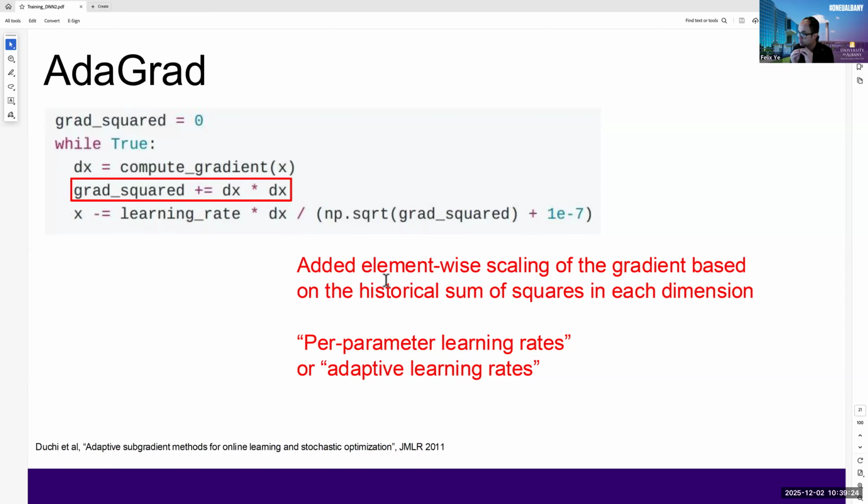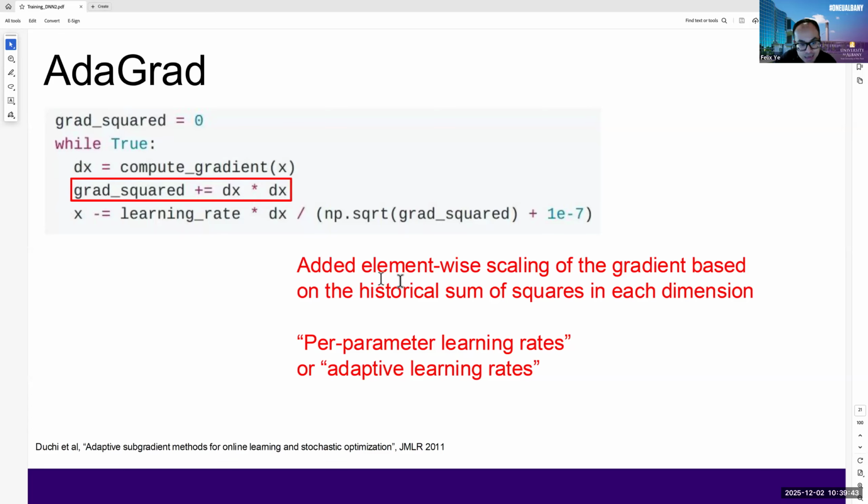If my gradient on that component is really, really small, then I'm going to divide by that number, and hopefully my gradient will get bigger in that component. So this is called adaptive gradient.